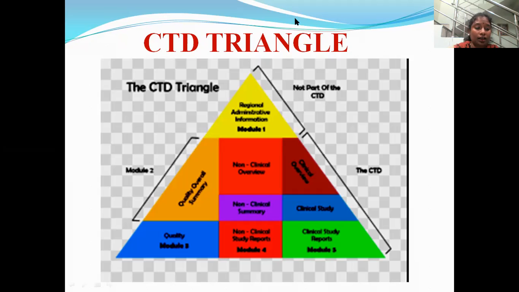So who prepared these ICH guidelines? ICH guidelines include quality, safety, efficacy, and multidisciplinary. CTD is the organization of a common technical document for the registration of pharmaceuticals for human use.